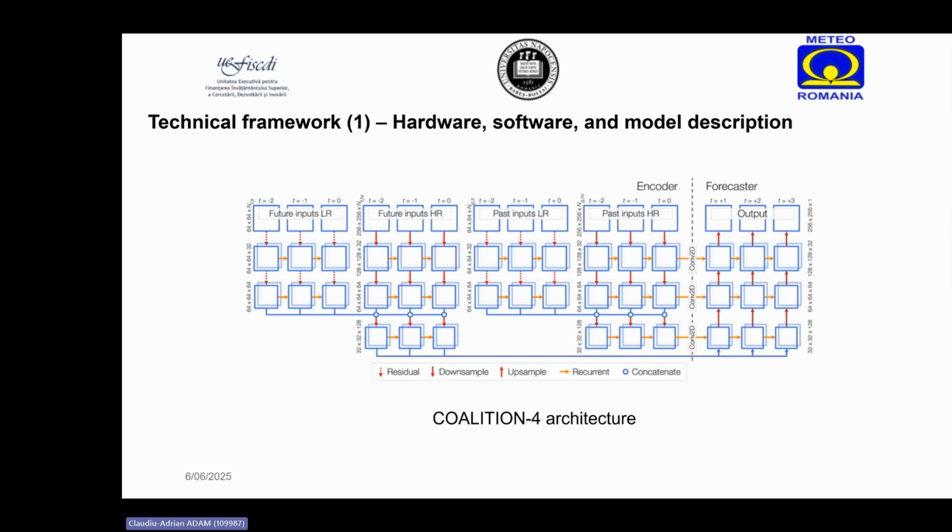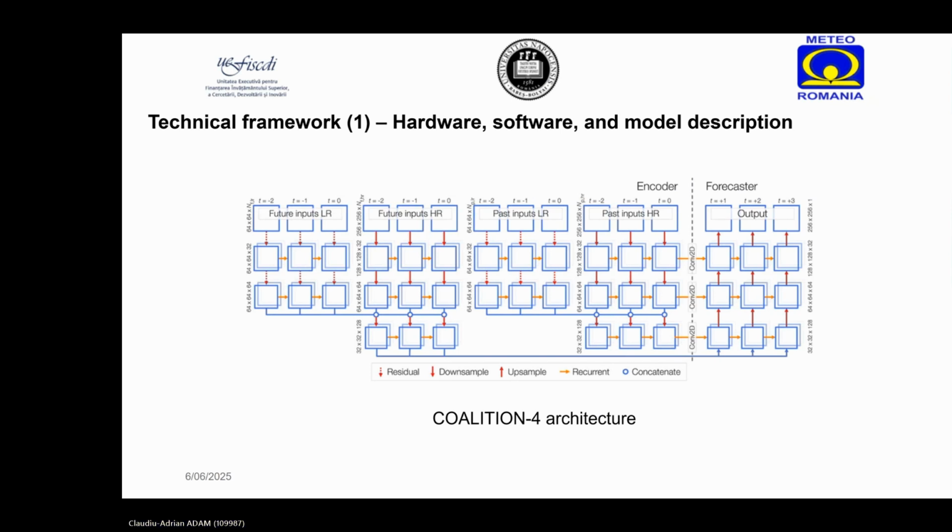For the low resolution, they used residual connections, and for the future inputs, the high resolution inputs, they used downsampling. And of course, everything is incorporated into the recurrent connections.